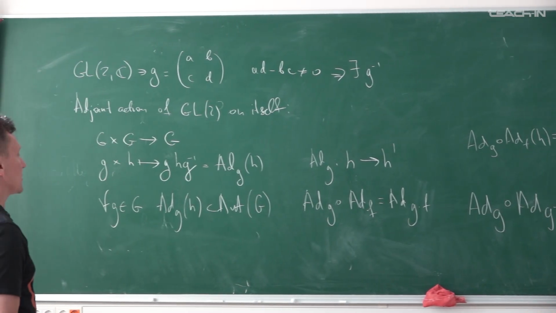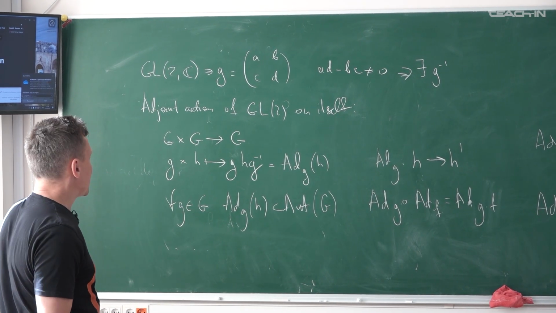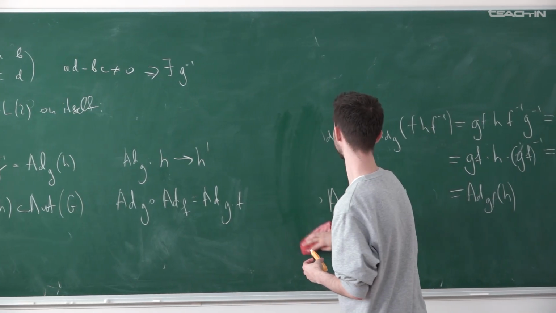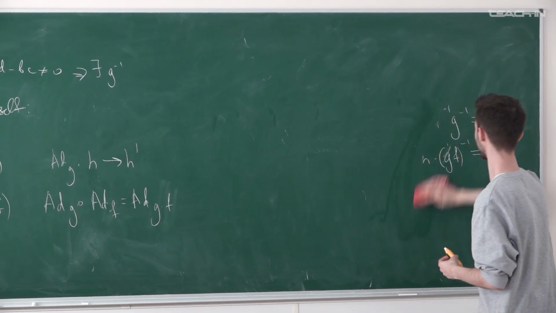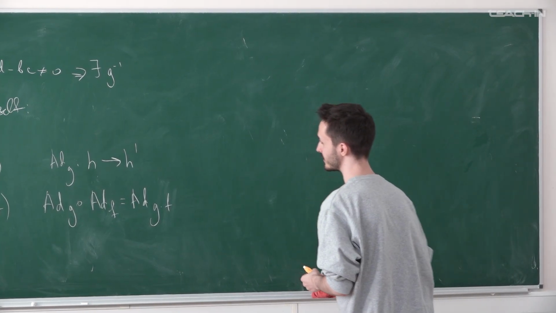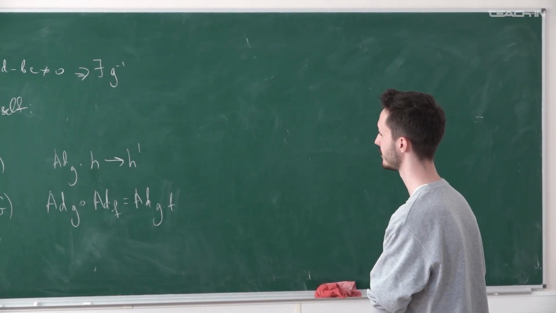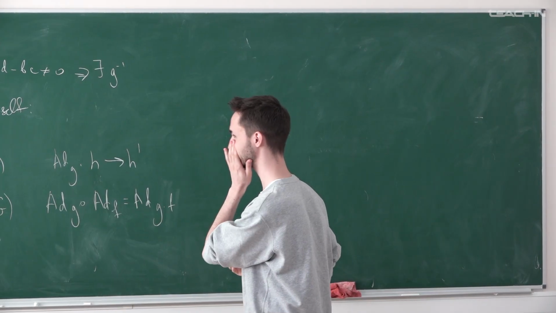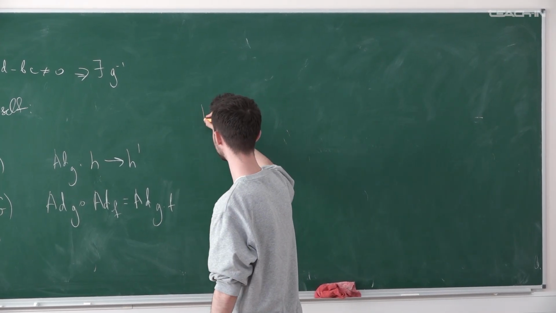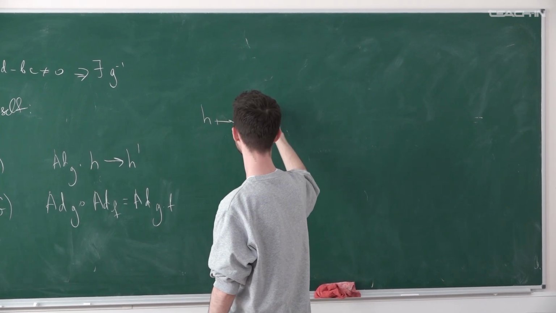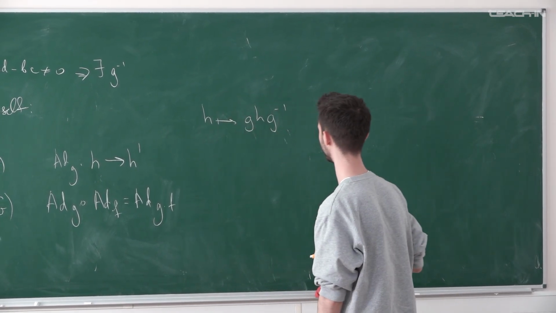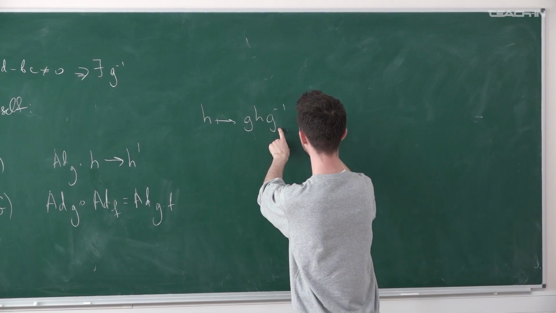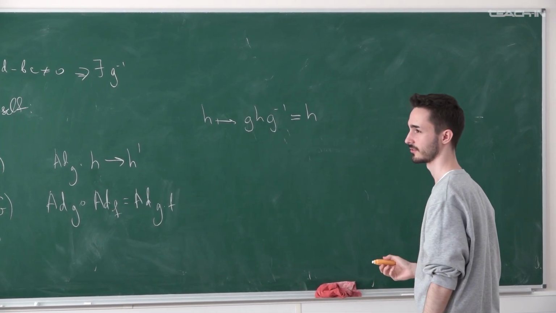Now we should define the orbits and the stabilizers. Have you some ideas? So for orbits, not for stabilizers, by definition we act on an element H and we get GHG^{-1}, and so the stabilizers are such G's that this is equal to H, right?